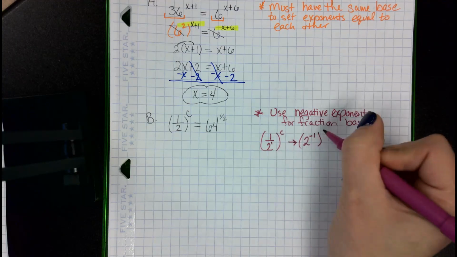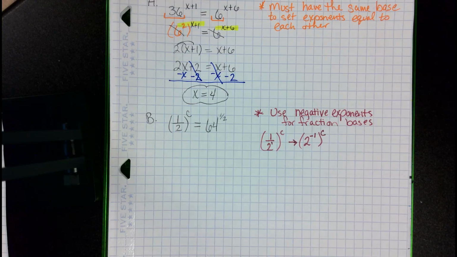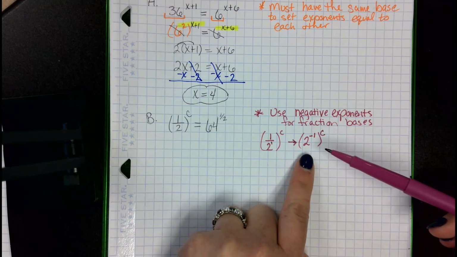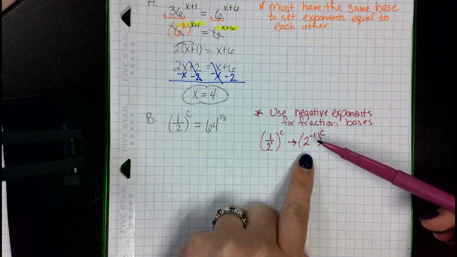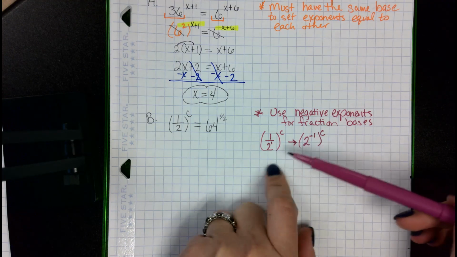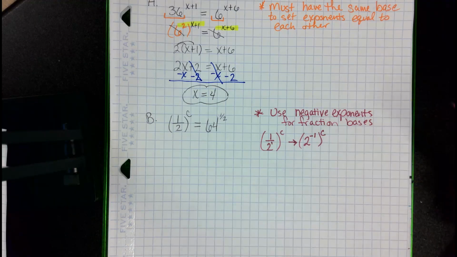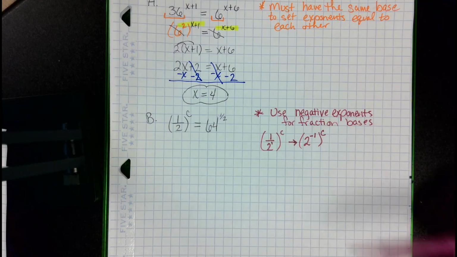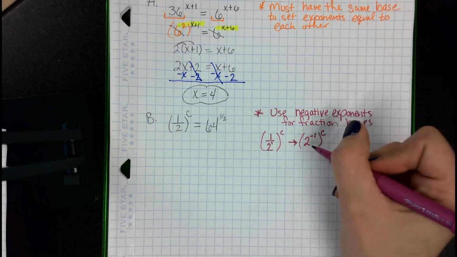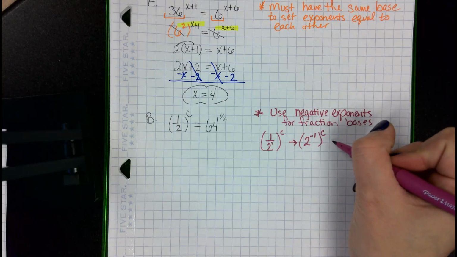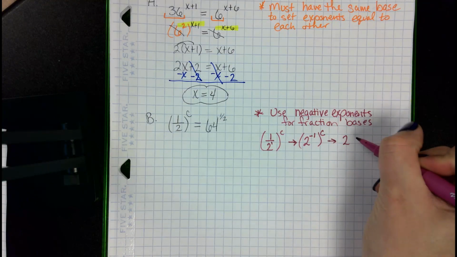And then it's still raised to the c power. We've worked with negative exponents in the past, but normally I told you we don't want negative exponents, so to get rid of the negative exponent, you move it to the denominator. Well, we're kind of doing the opposite. Now we don't want the fraction, we'd rather have a negative exponent. So I have 2 to the negative 1 to the c, which is 2 to the negative c.